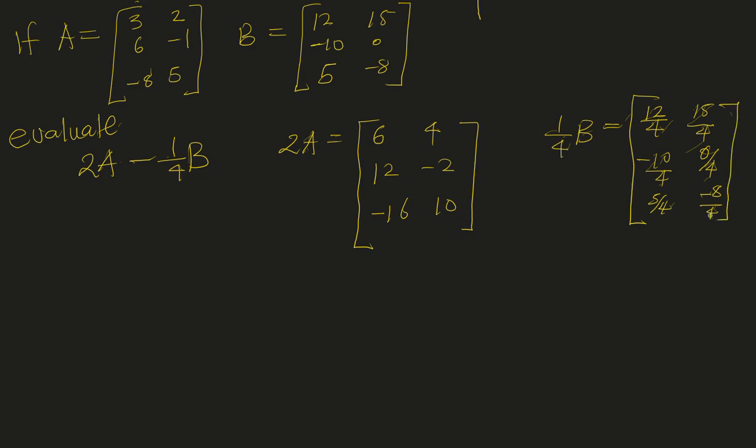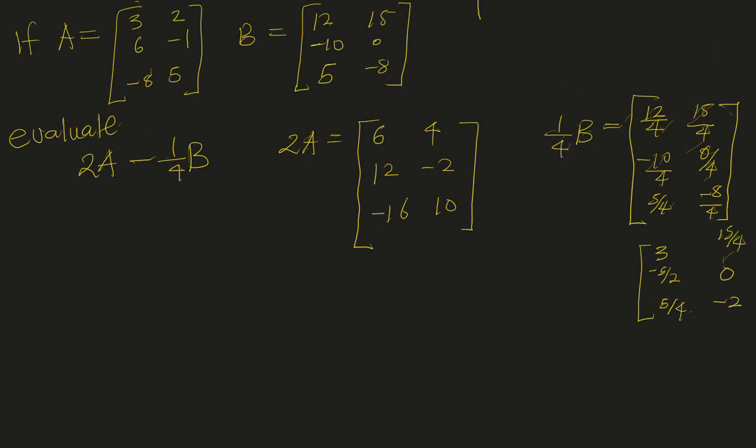If I reduce this to its lowest terms, I'll be having 3, minus 5 over 2, which gives 0, and 15 over 4. The last row gives me 5 over 4 and negative 2. So what will I be working with?